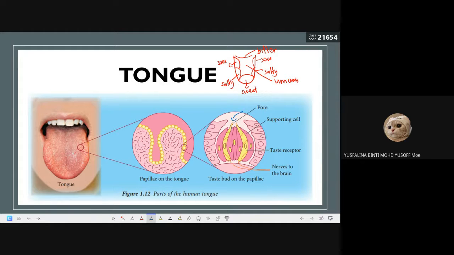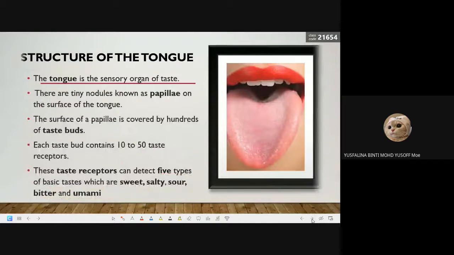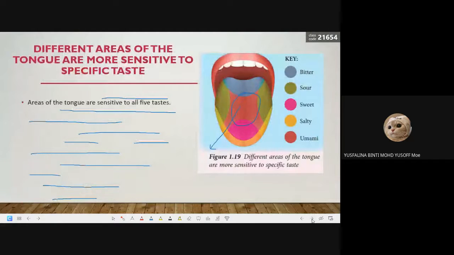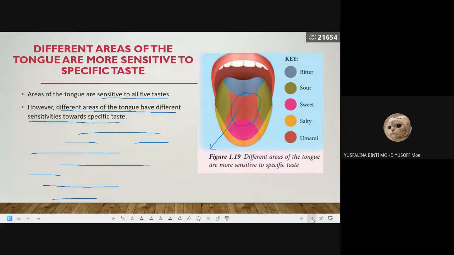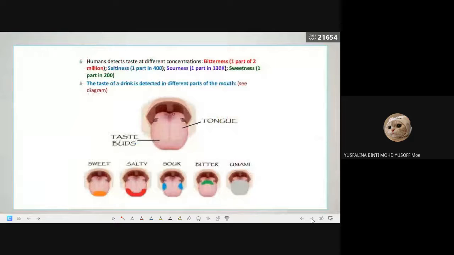Now the taste receptor will be stimulated, and after it is stimulated, it produces an impulse. Everything that we want to send to the brain must be in impulse form.